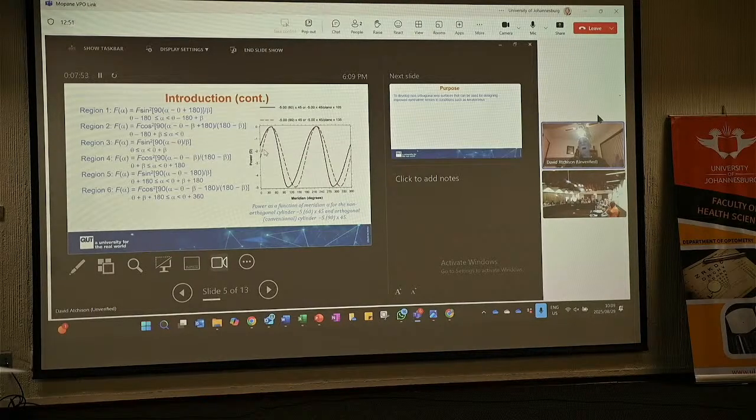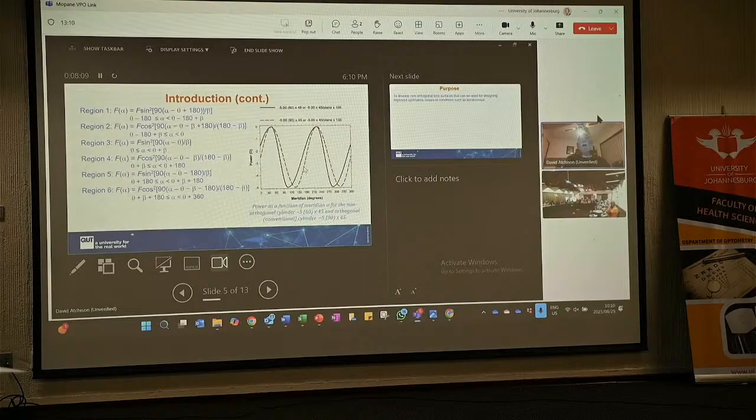This one shows the compression and the expansion, and it also repeats every 180 degrees. So you see that over this side it's expanding and then it's compressing here.